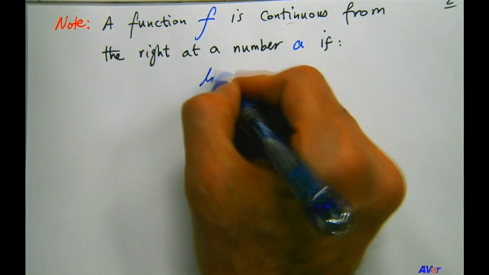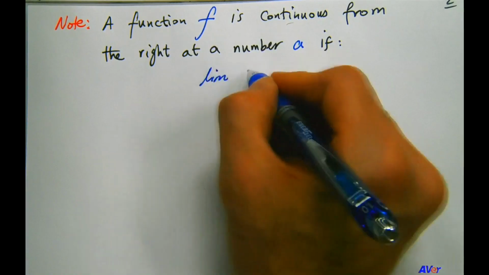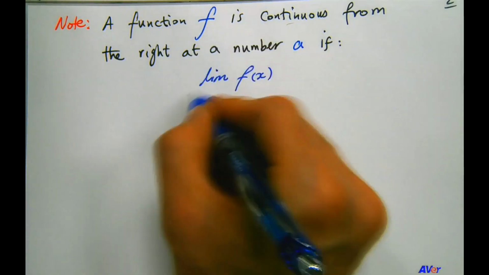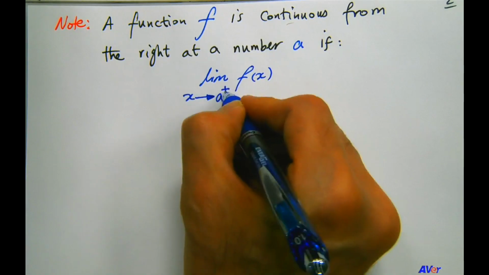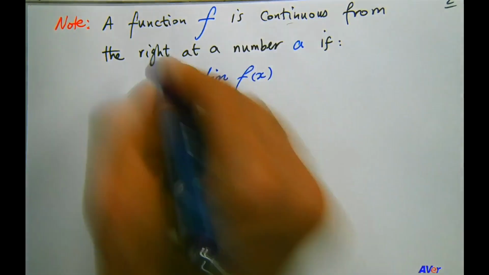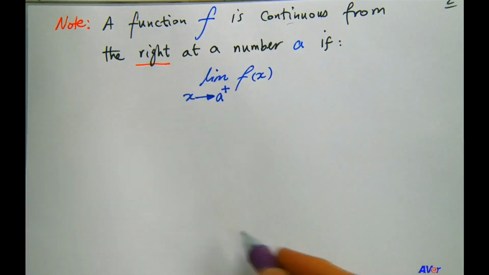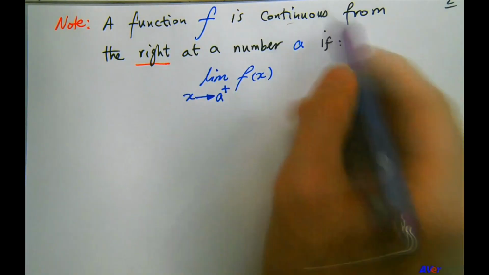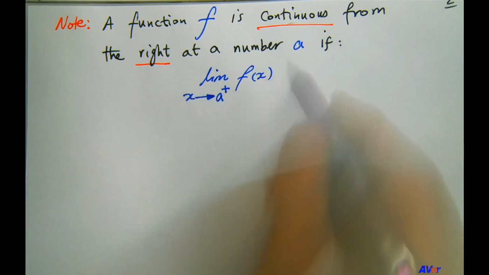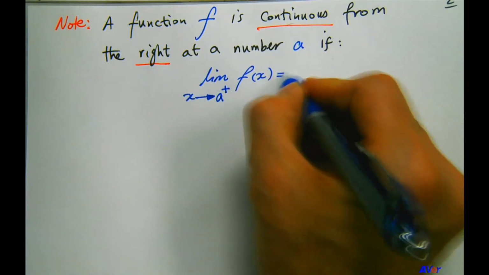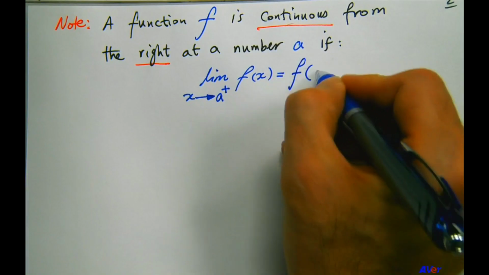If the limit of the function f as x approaches a from the right, let me underline that, so we're talking about continuity from the right, if that is equal to the value of the function at a.